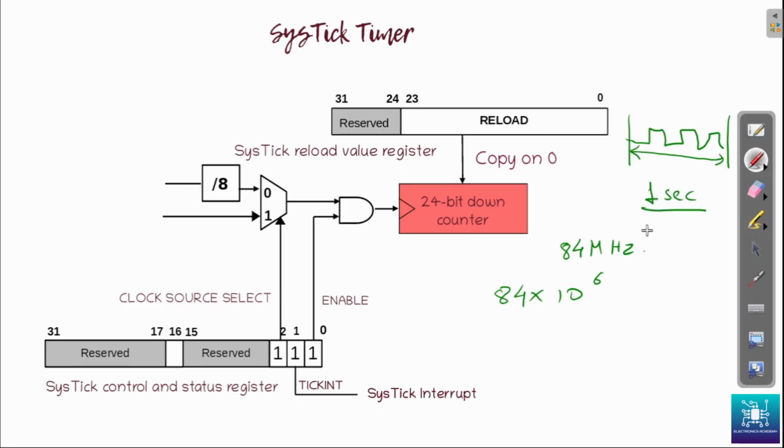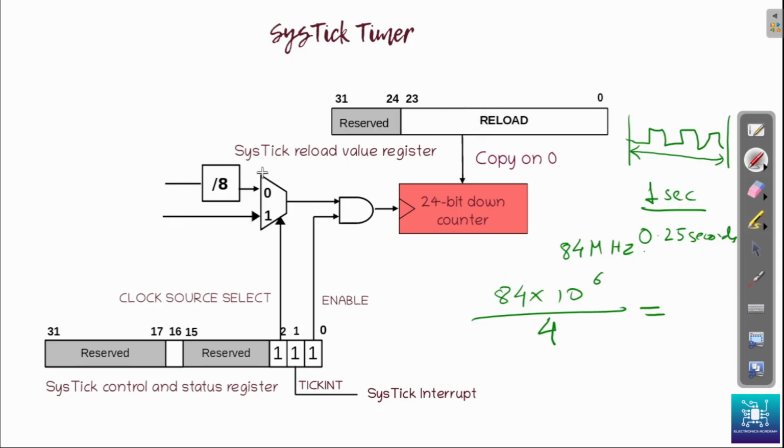If we have to make it 0.25 seconds, the logic is we have to divide this count by 4, because 84 megahertz means 84 into 10 to the power of 6 cycles in 1 second. If we keep that many cycles in the reload value register, if it were possible, it's not possible because the value is too big, and we allowed the processor to work at 84 megahertz.